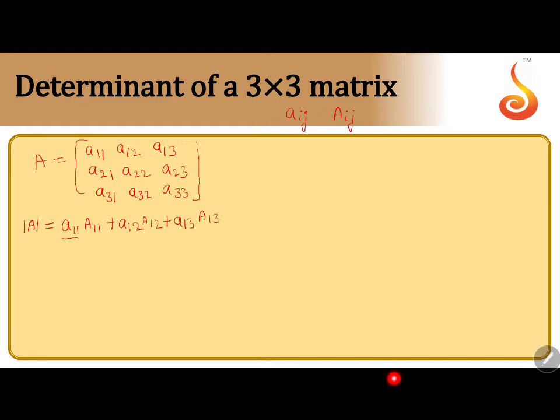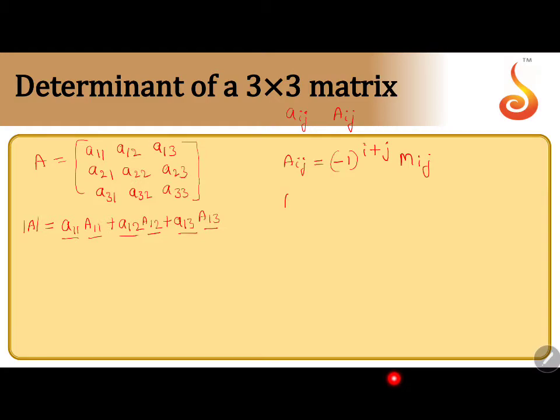So we have taken first row elements and the corresponding cofactors, multiplying every element by the corresponding cofactor and then add all, we get the determinant of a 3 by 3 matrix. Then we know how to find the cofactors. Aij is equal to minus 1 whole power i plus j into Mij. Mij means minor.